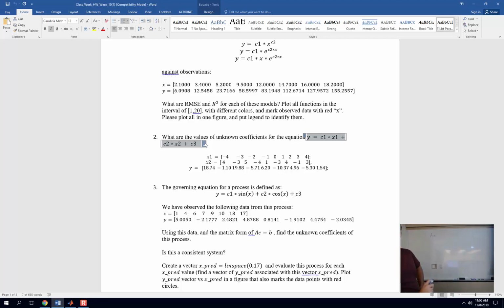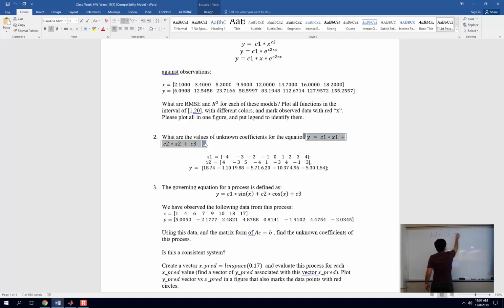For question 2, my matrix A, the first column represents C1, the second column represents C2, the third column represents C3. What is the coefficient of C1? X1. What's the coefficient of C2? X2. What's the coefficient of C3? 1.